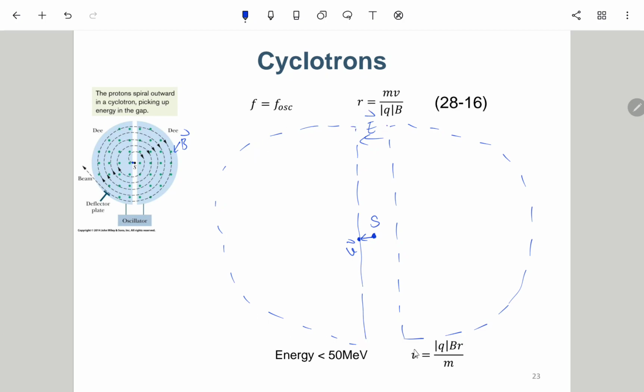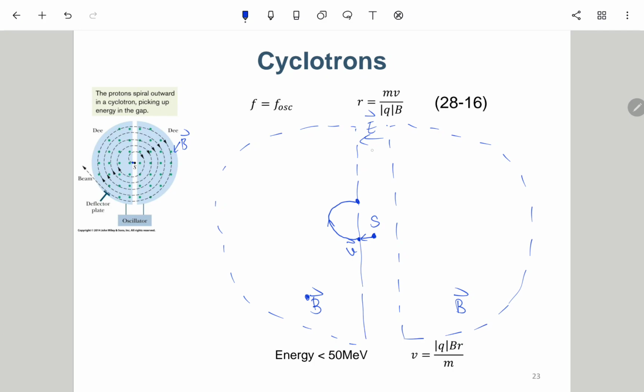Inside this D shape there is a B field pointing out of the page. There is no E field anymore, only the perpendicular B field, so it will have a circular motion, and then go back to this point.